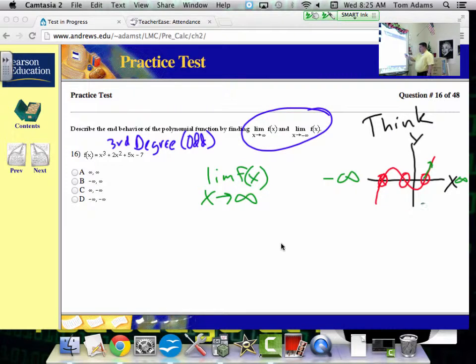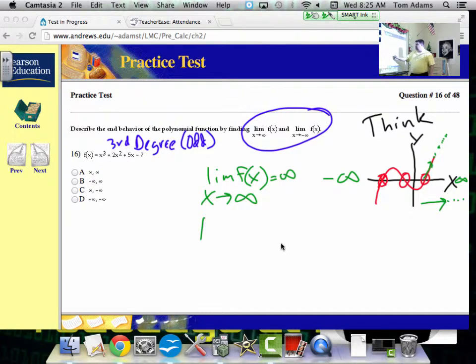So as I go in this direction, what does the graph do? The graph goes in this direction, right? It goes this way. So if I keep going this way, what will my y value go? As x approaches positive infinity, what will my y value be? Infinity. So this limit is infinity.